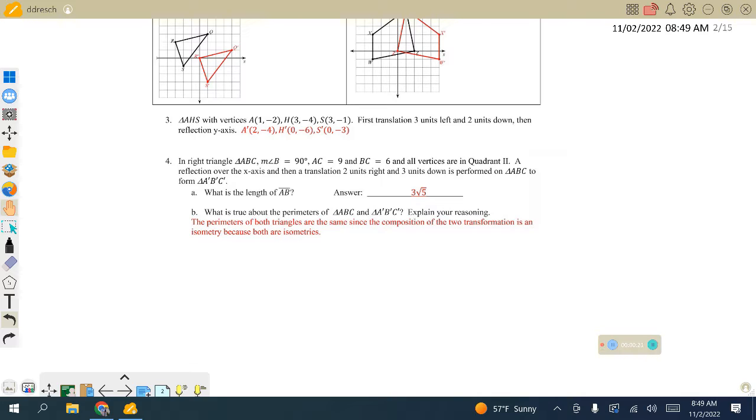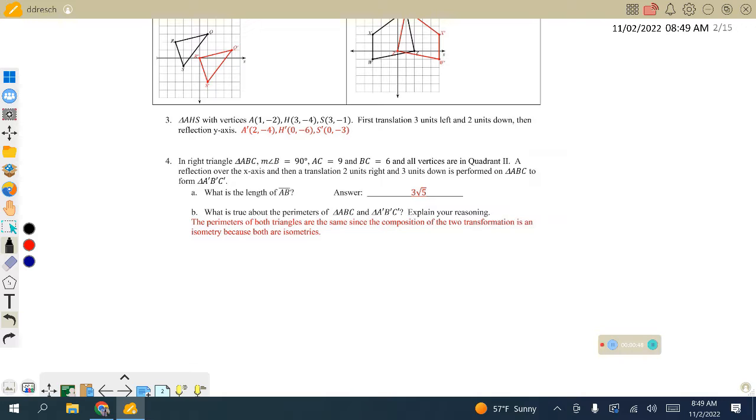All right, as we talked about yesterday, applying that rule for the translation, as Sam here was pointing out. It says do 3 units left and then 2 units down. So let's take a look here real quick. 3 units to the left should put me at what?